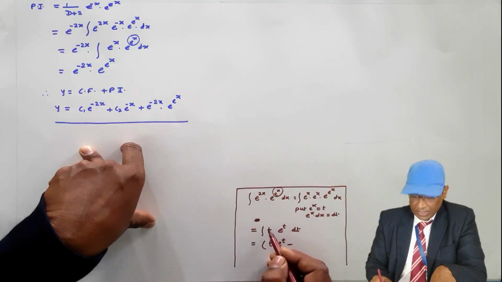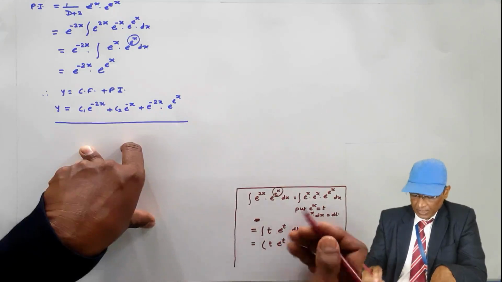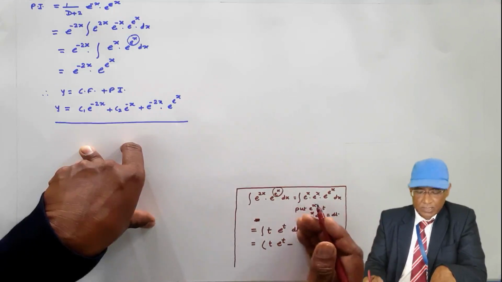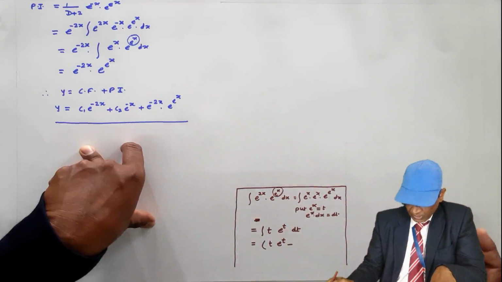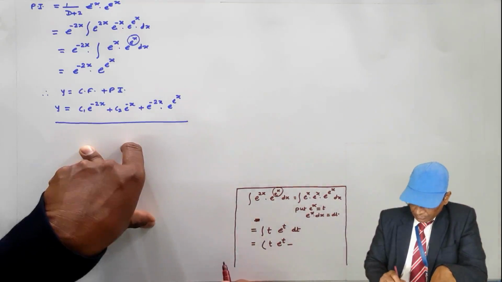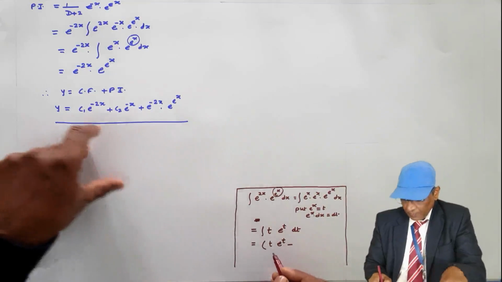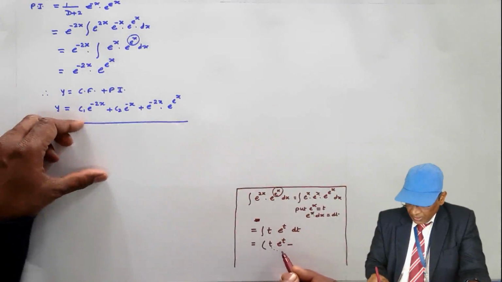T is algebraic, t square, t cube, algebraic functions. X square, x cube, x to the power n, algebraic functions.